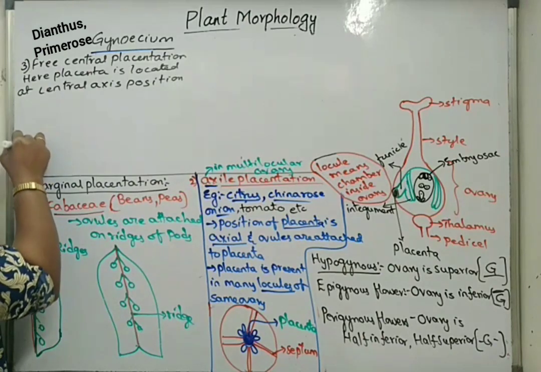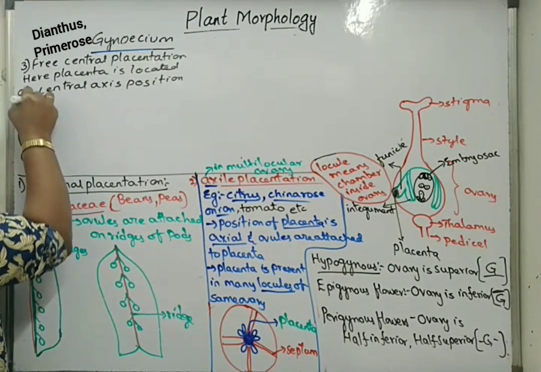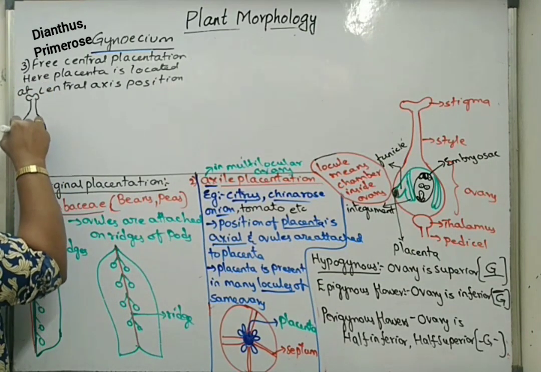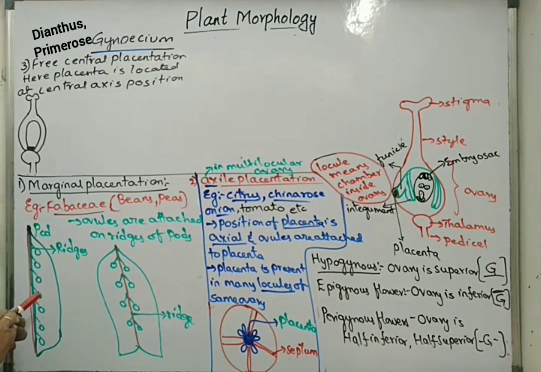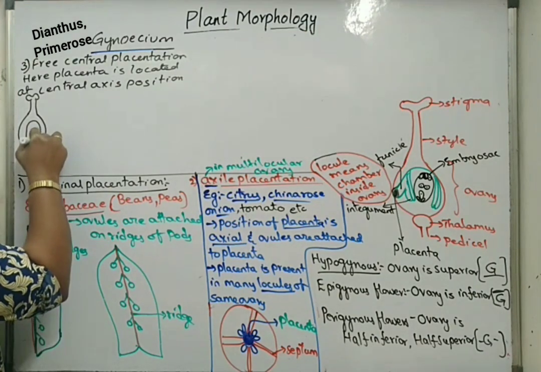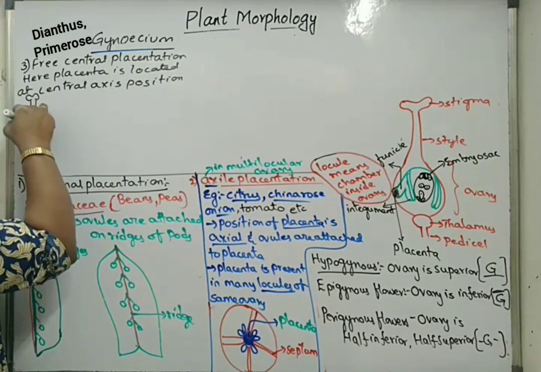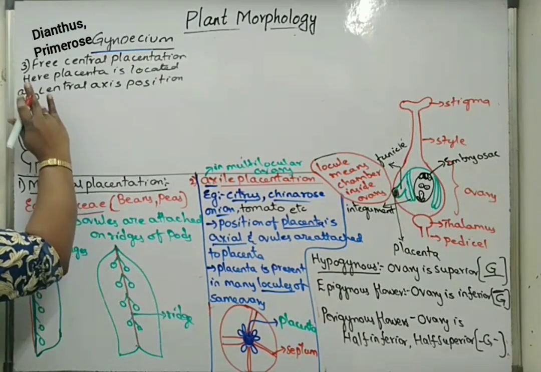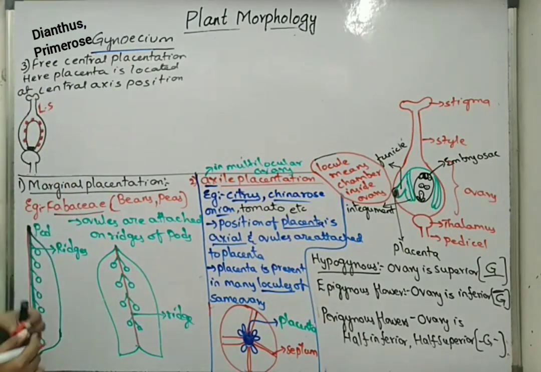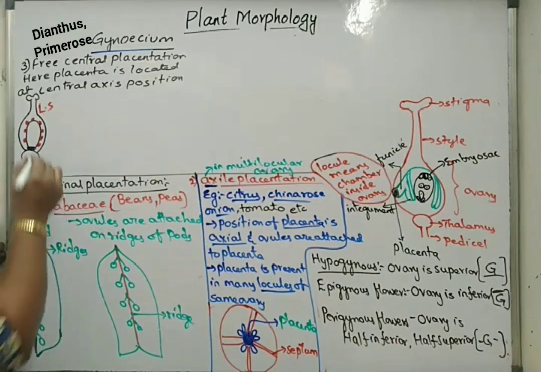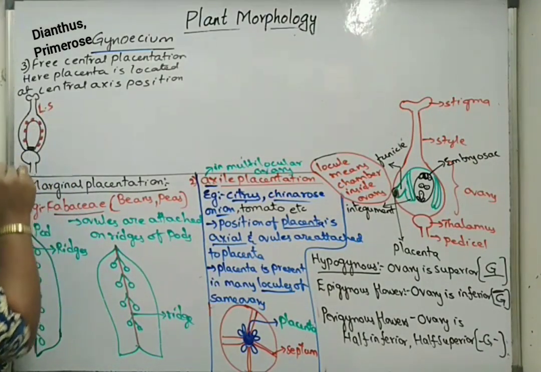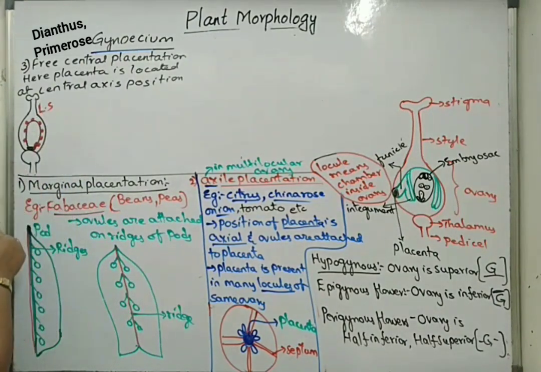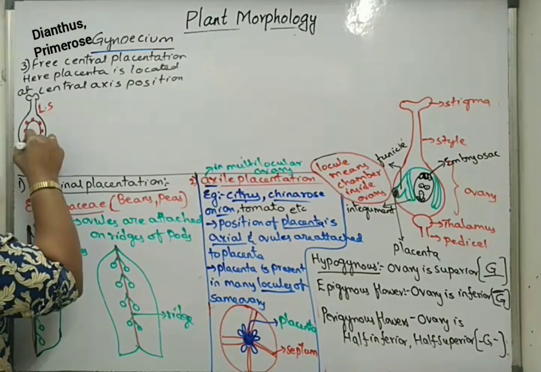So if this is thalamus, ovary, here will be the placenta developed, this is the position of ovules. This is the longitudinal section, LS. LS means longitudinal section cutting. Next, ovules are present on central axis. We can say this is the complete placenta.